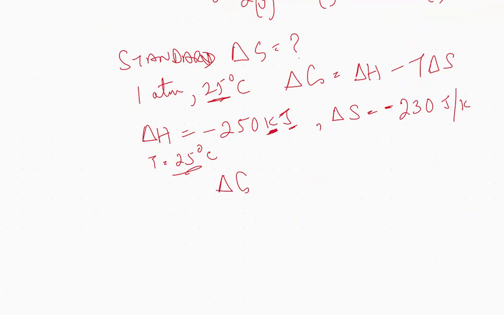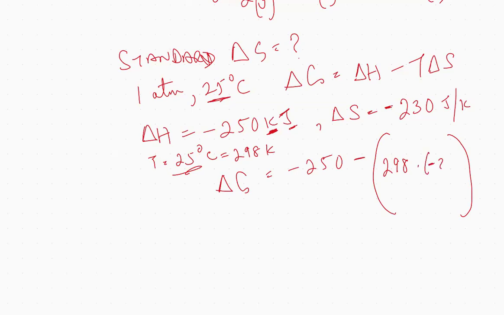So delta G equals minus 250 minus T delta S. So 25 means you have to convert it to Kelvin, 298, times minus 230. Because it's minus here and minus there, I get a positive value.